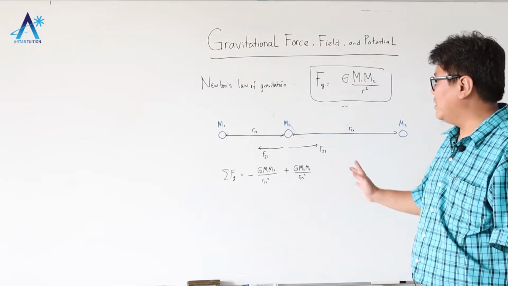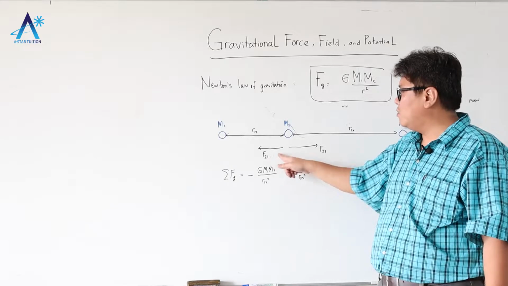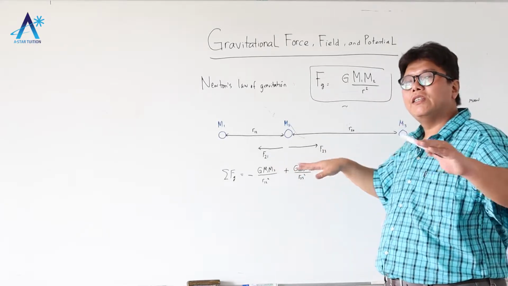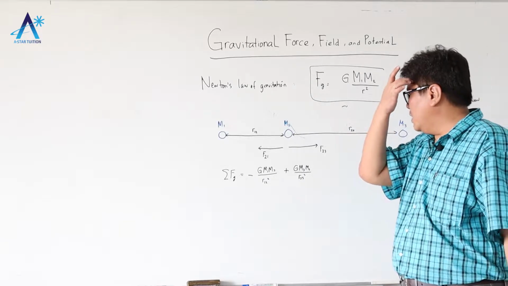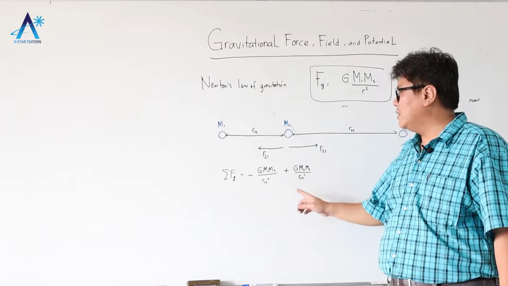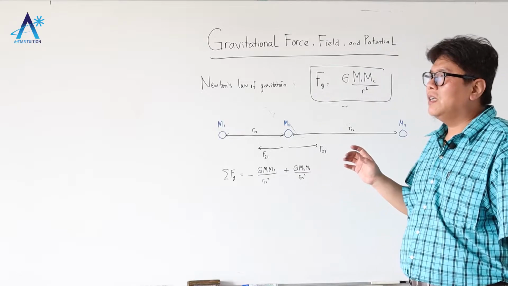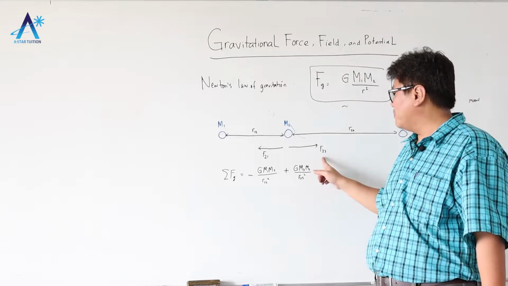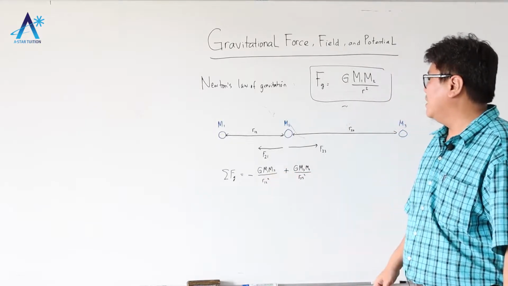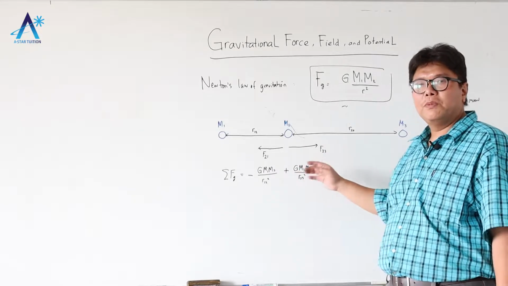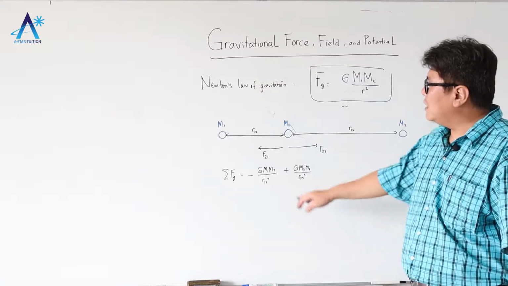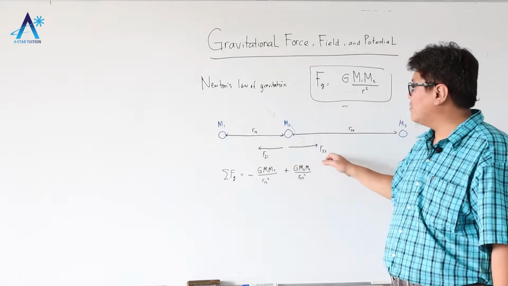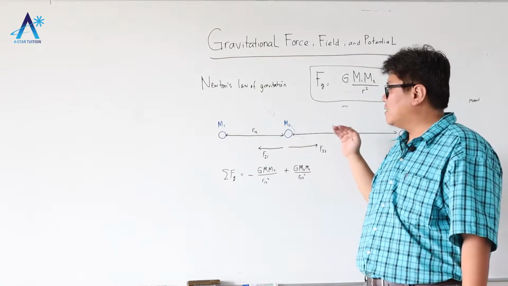Because these two forces are collinear, in the same straight line, you can simply find the values and then subtract. If F23 is greater than F21, then the value is positive, which means the resultant force is to the right. However, if F21 is greater than F23, then the resultant is to the left.